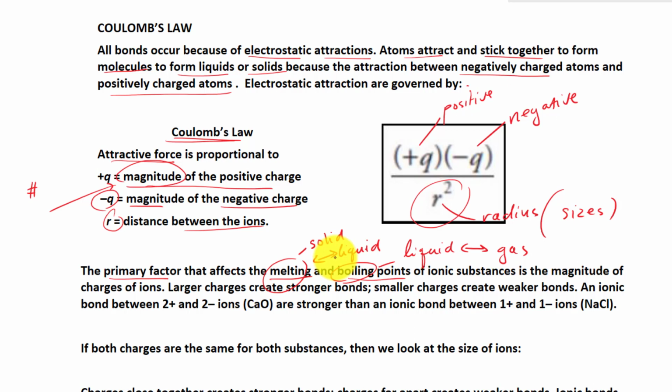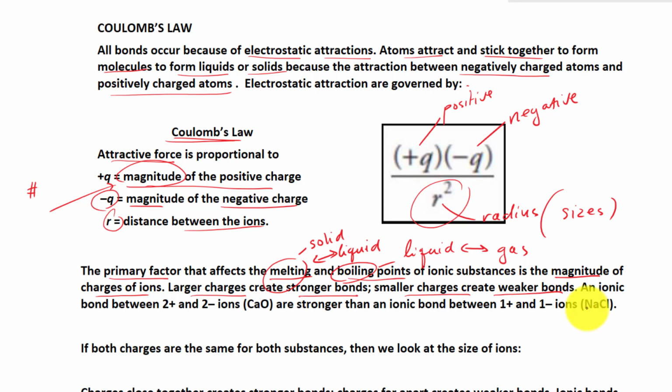And that's melting point and boiling point. So here's the key factor. Well, look at this Coulomb's law. First of all, we know for sure it has to be the magnitude of the charges. So therefore, the magnitude of charges of ions is the primary factor that determines the melting point or the boiling point. And we know that the larger the charges, the greater the attraction. So larger charges create a stronger bond, whereas smaller charges create a weaker bond.